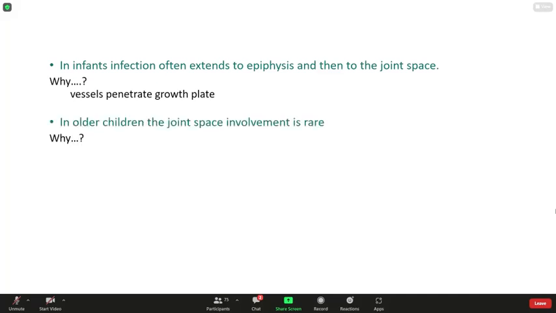Second one: in older children, joint space involvement is rare. Why is that? Who is going to answer?